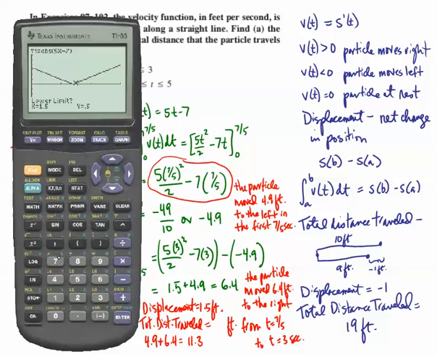And I'm going to take the integral from 0 to 3, and you should see that we're going to get 11.3 as a total distance traveled.